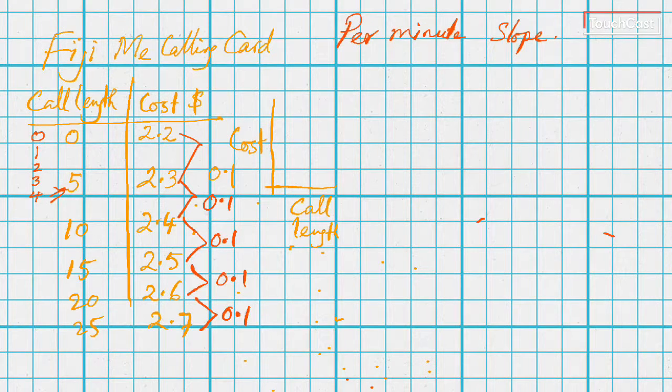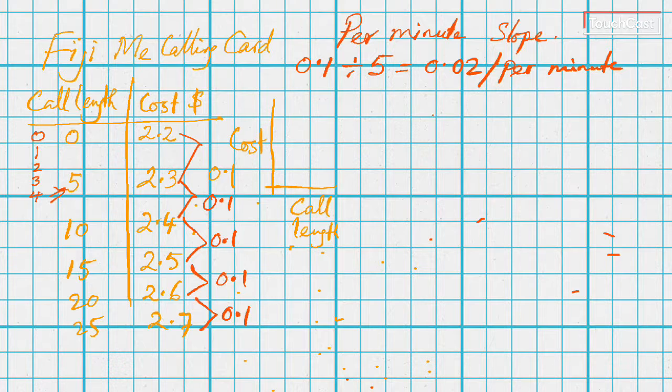That means, what do I pay per minute? So 0.1 divided by 5 minutes should give you 0.02. So per minute you are paying 2 cents, and that is the gradient of the line.